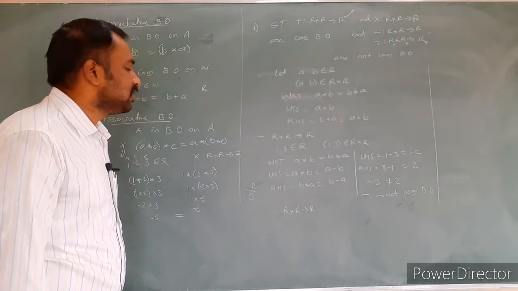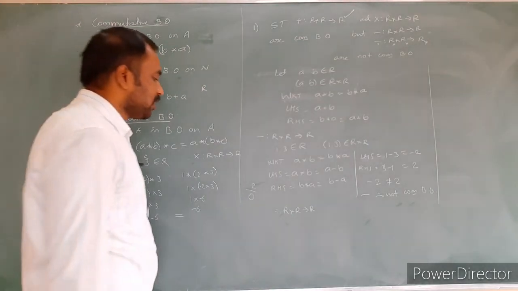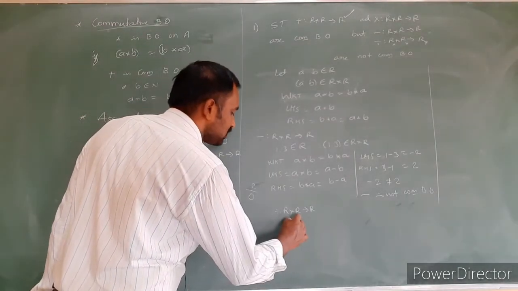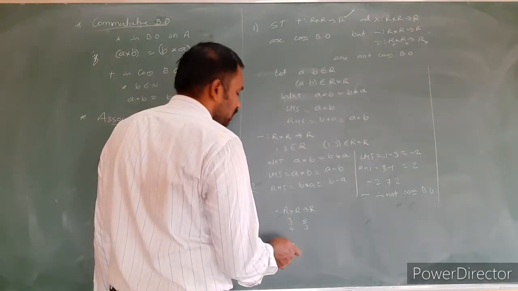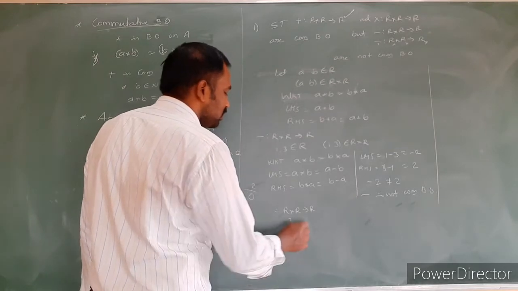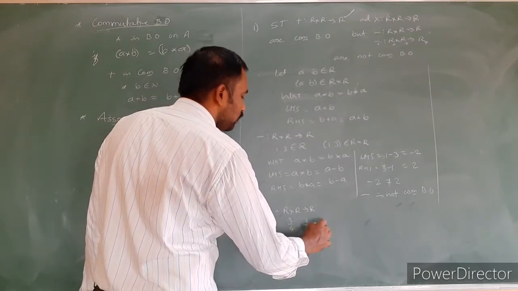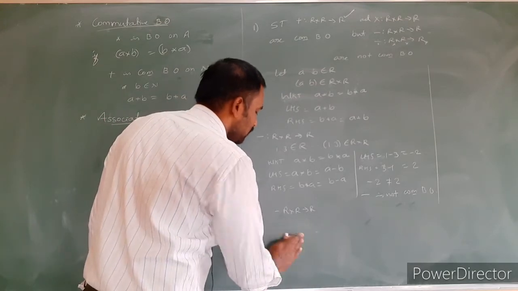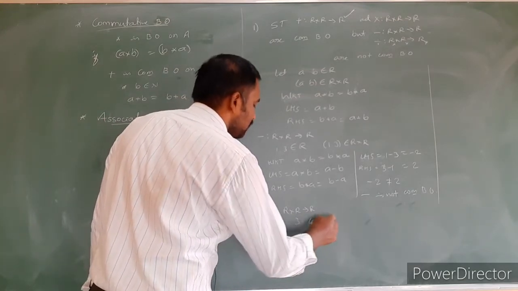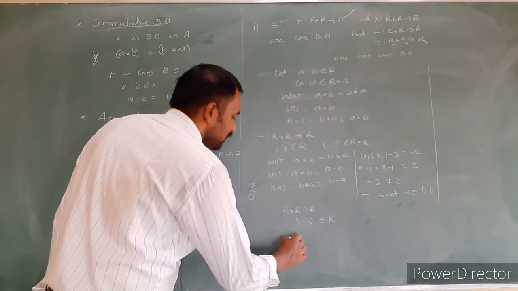Now, whether it is a commutative binary operation or not. For example, I consider 3 by 4 and 4 by 3. Anyhow, I take 3 and 4 belonging to the real numbers.